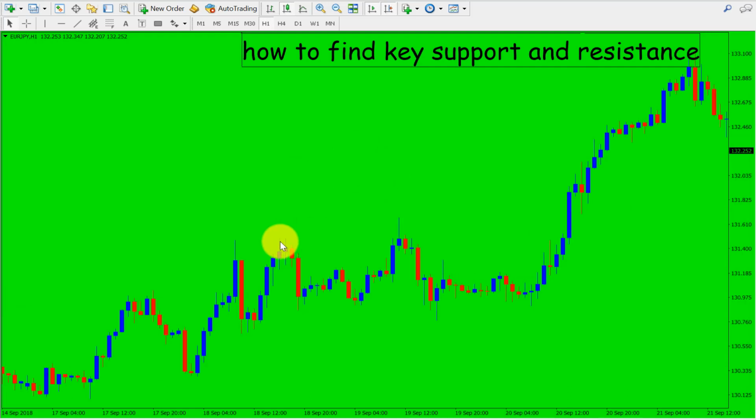This was our resistance zone. Price went there and breaks from there to there.